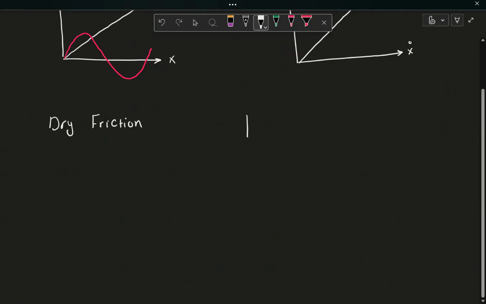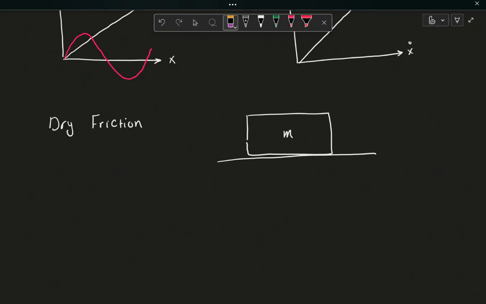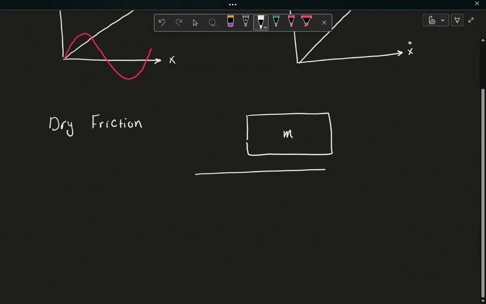For instance, if I have a box with a mass of m, and this box is moving on a surface, between the surface and the box there would be some dry friction that resists the motion of the box.